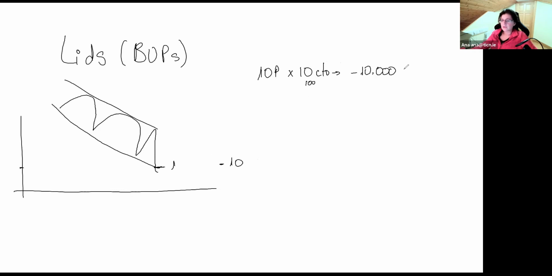We are exposed 10,000. However, let's say, just for the sake of argument, that because we sold this put, we've got a premium of 1.60. We got 1.60 for selling this 10 put.